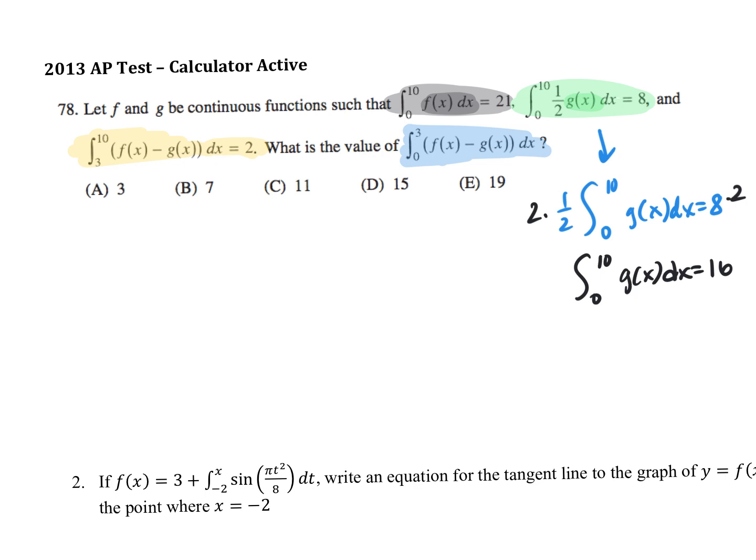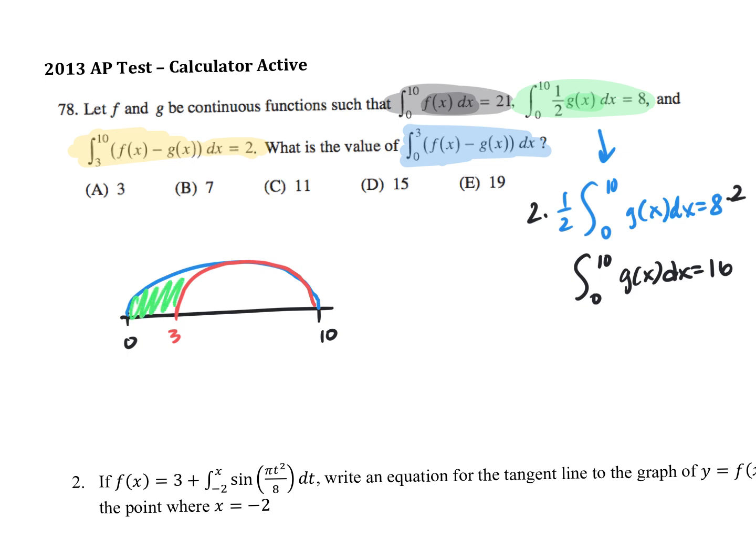So I'm going to draw zeros and 10s and 3s, but without an F and a G. Let's just picture something real fast. If I've got 0 to 10, because they gave us 0 to 10 now for F and G, and then if I've got 3 to 10, how would I find 0 to 3?